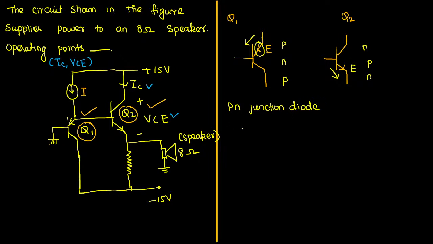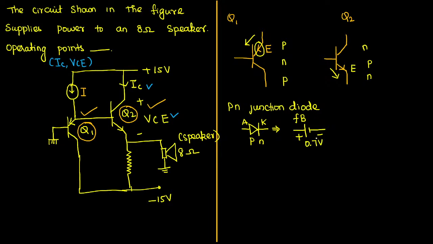Wherever we have P, that will be considered as anode. N will be considered as cathode. So this is the PN junction diode, this will be treated as anode, this will be treated as cathode, and its equivalent circuit in forward bias. When we take the forward bias, P will be replaced by a positive plate, N will be replaced by a negative plate, and its voltage drop is 0.7 volt.